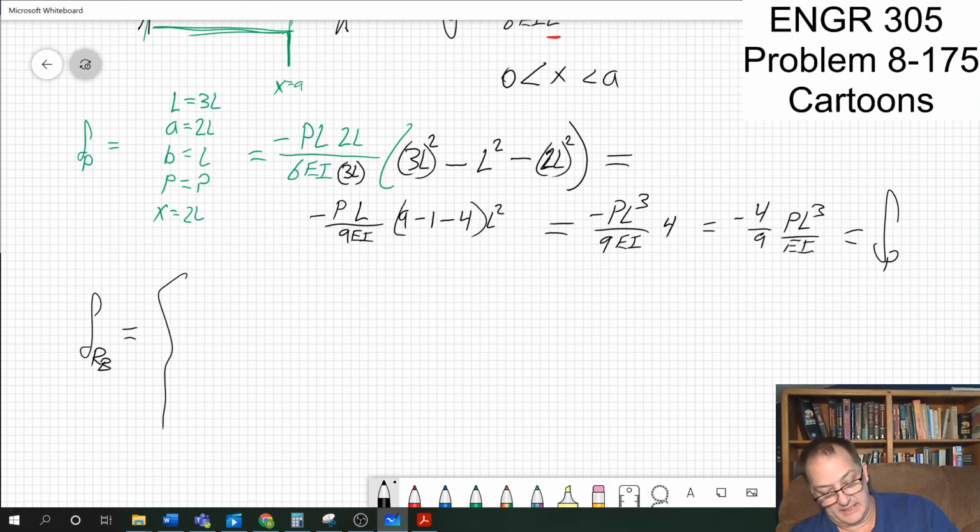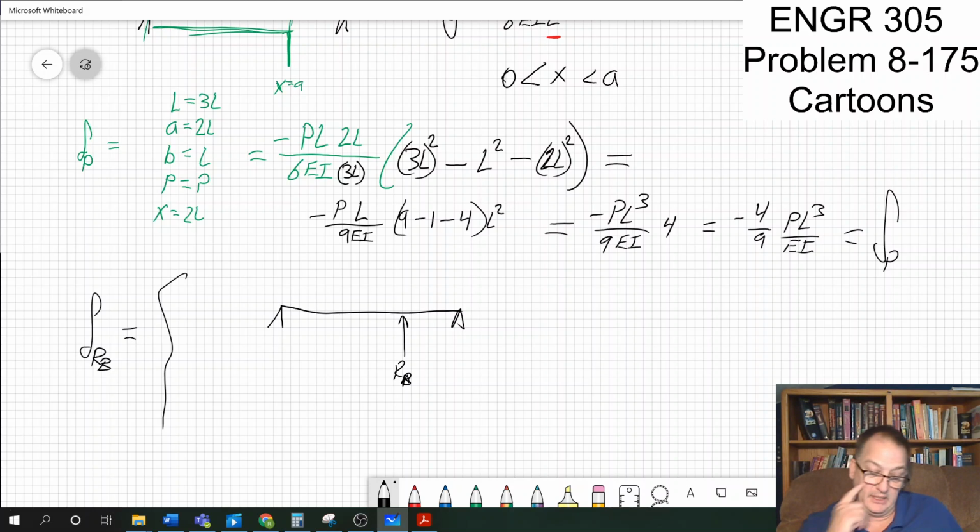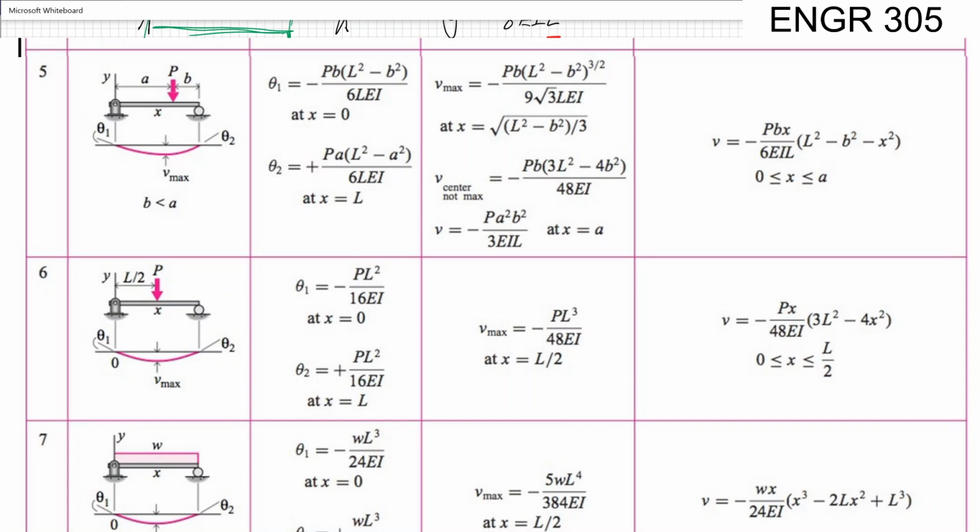And what I mean by that is now my beam is, that's the reaction at B. Because this A has to be greater than B. Let's go back to their thing. B has to be smaller than A. They say it the other way around. B has to be smaller than A. So I've got to do it that way.